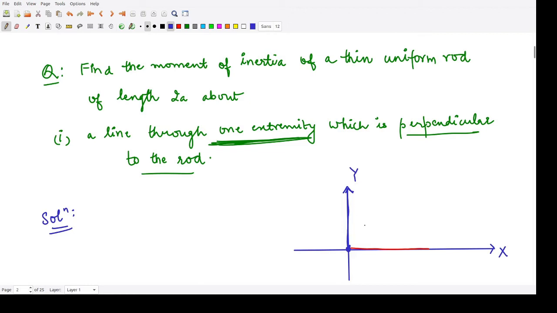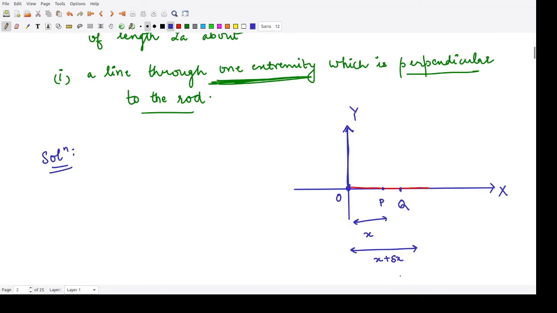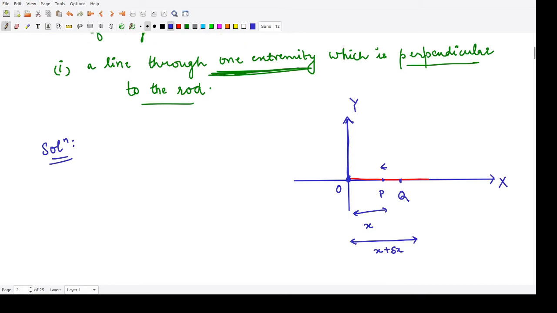Suppose I take two points on this rod, say this is point P and this is point Q. The distance of point P from point O would be x. And the distance of point Q would be x plus delta x, such that the length of this small portion is delta x.